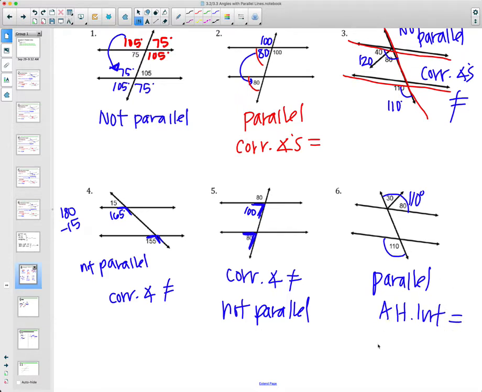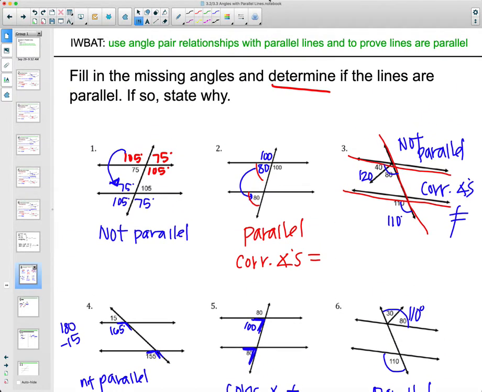So you can compare alternate interior, you can compare alternate exterior, corresponding, same side interior. So a way that you can compare same side interior, if we look at number 1. So if you look at these were same side interior. These need to equal 180 in order for those to be parallel, and they don't. Those are 210 together. Okay, so if you had two same side interior angles, they would need a total 180.